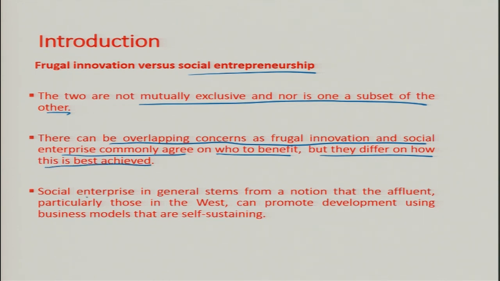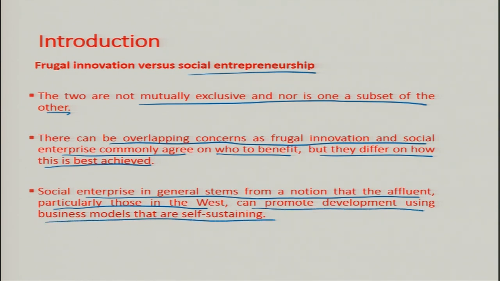Social enterprise in general stems from a notion that the affluent, particularly those in the West, can promote development using business models that are self-sustaining. For example, in IIT Kanpur, the alumni support certain practices. Recently, we have given rupees 50 lakh to an entrepreneur who has come up with an idea in agriculture business, in medical sciences, in sustainable development, all those things.